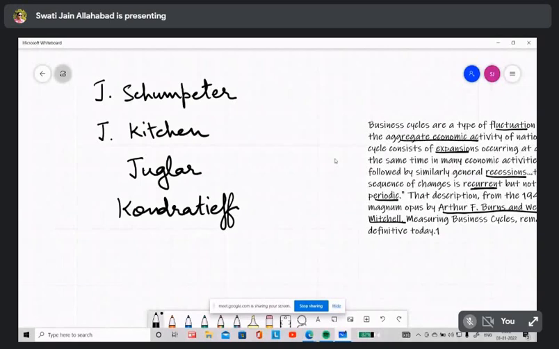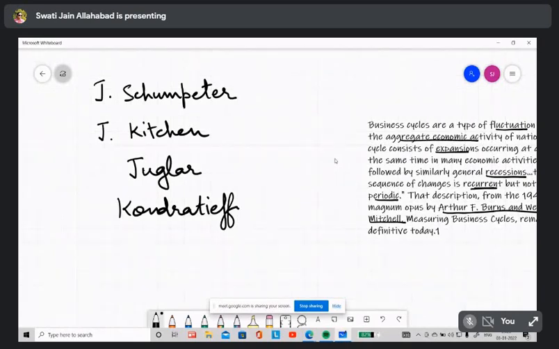They say how long the economic activities will remain in a particular phase. But the agreed definition is the fluctuations or movements in economic activities above or below the trend line. That is the business cycle.